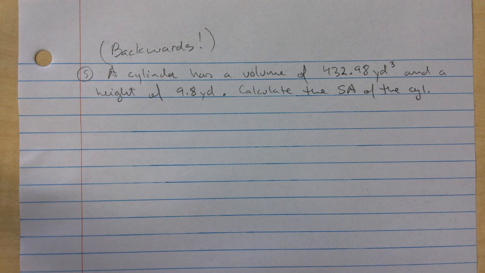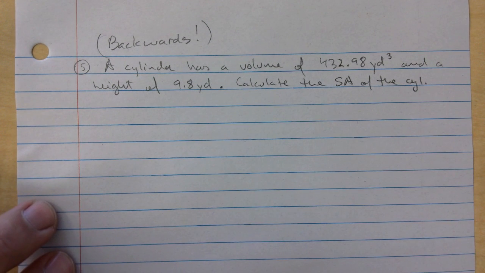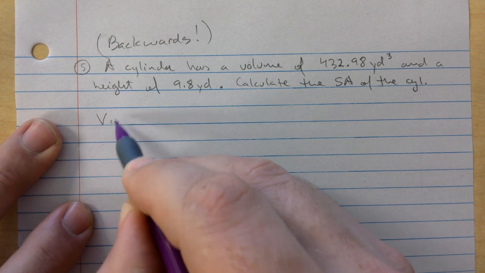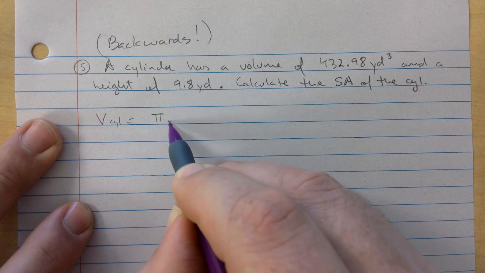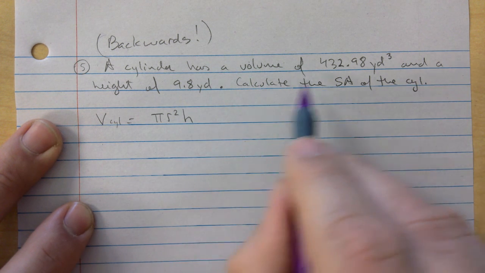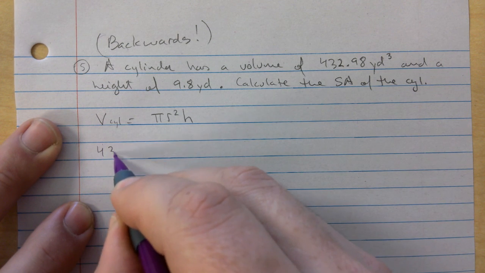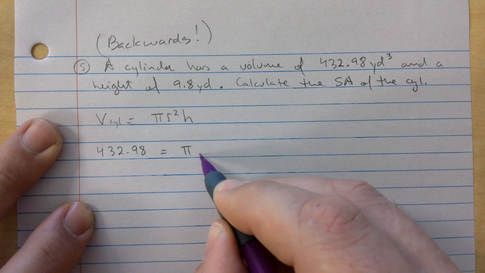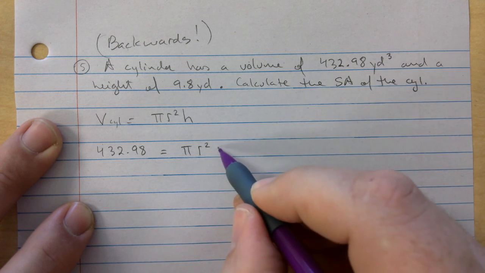So this one I'll just dive right in, okay, because I'm looking at my time here. Volume of a cylinder is pi r squared height. I'm given the volume, so I'll substitute that in. Pi r squared, and the height is 9.8.